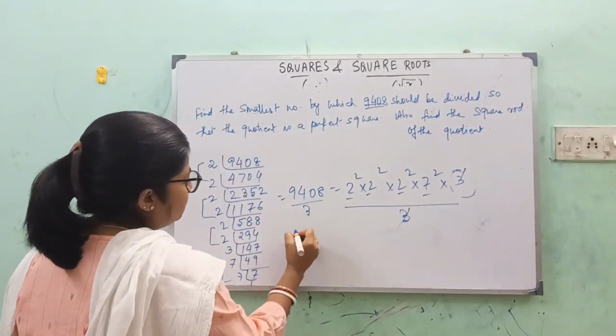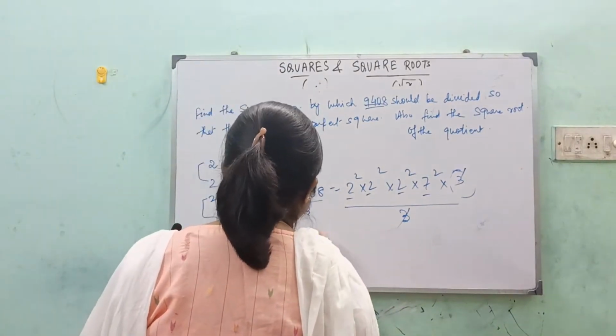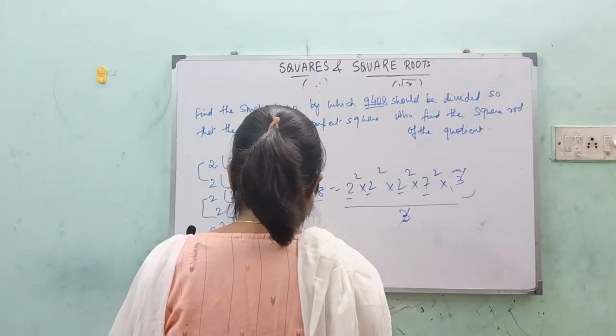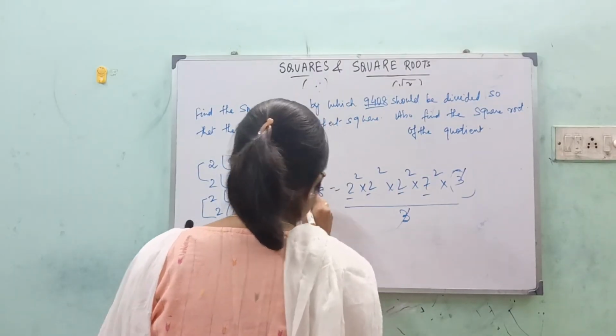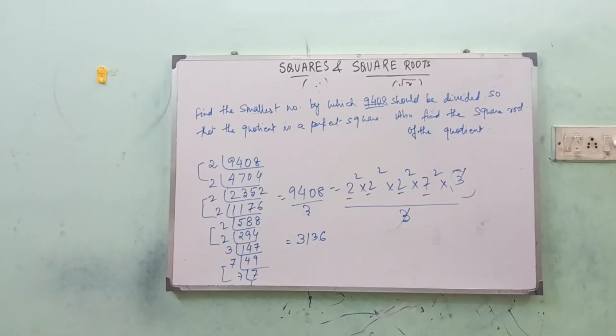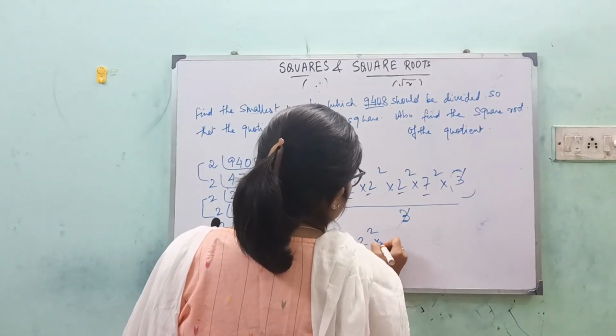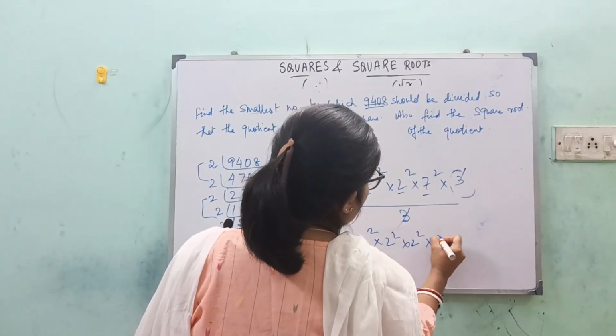So we get over here 9408 divided by 3 is 3136, and this is 2 squared into 2 squared into 2 squared into 7 squared.